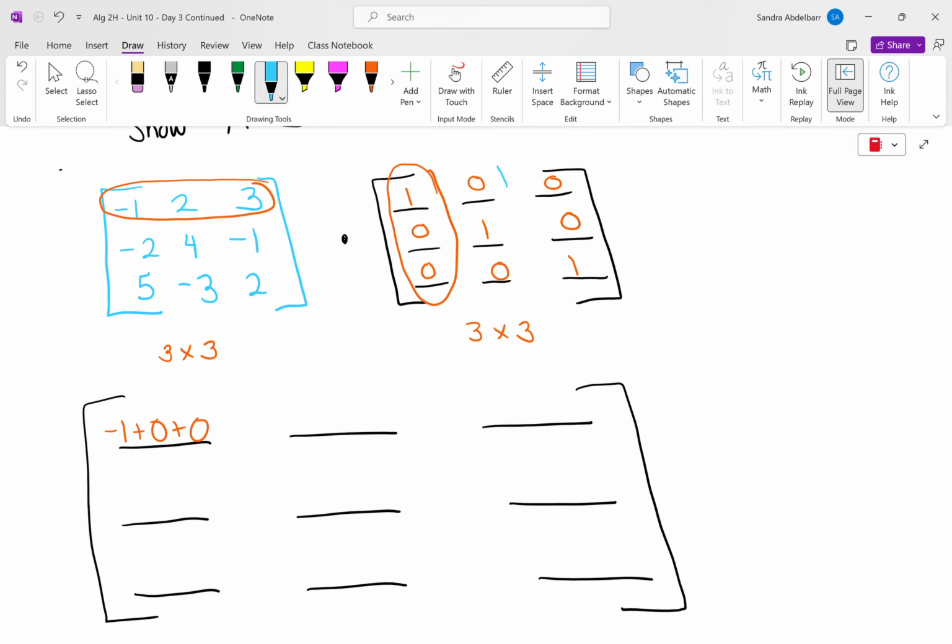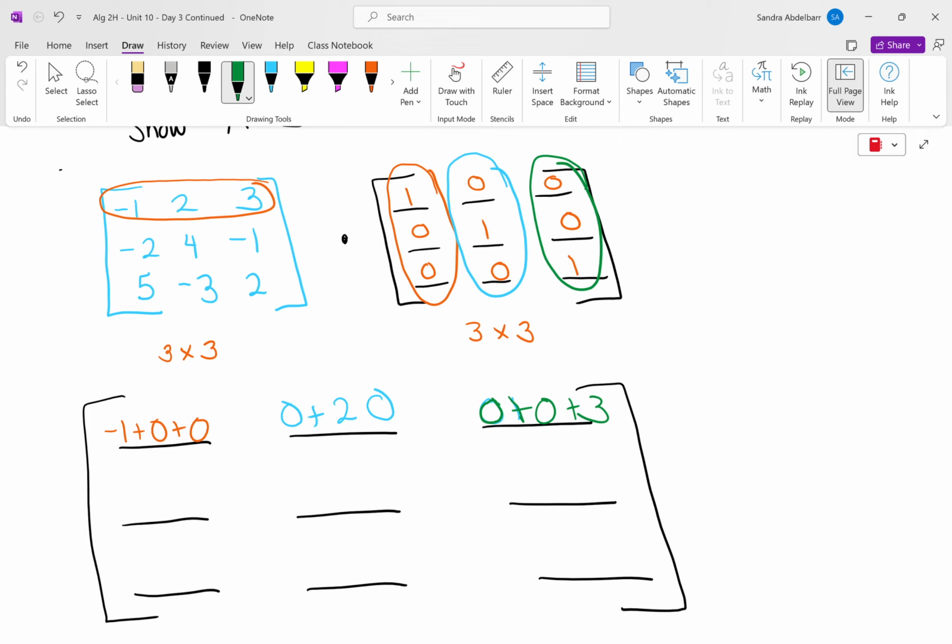Now we're going to take that first row, multiply it with our second column. -1 times 0 is 0, 2 times 1 is 2, 3 times 0 is 0. Then we're going to take that first row, multiply it with our last column. -1 times 0 is 0. 2 times 0 is 0. 3 times 1 is 3.